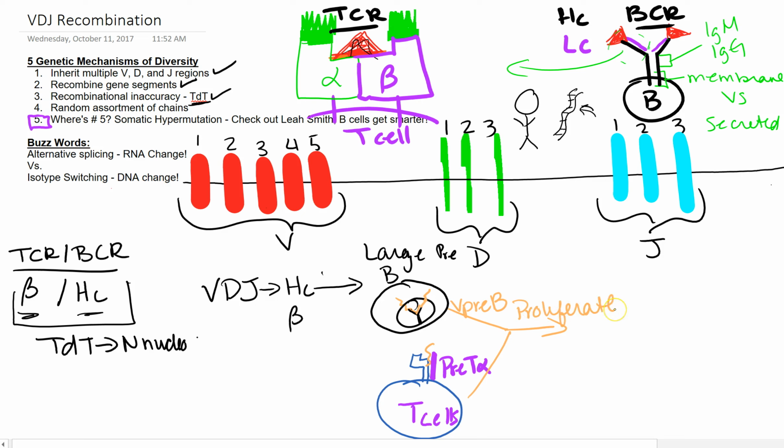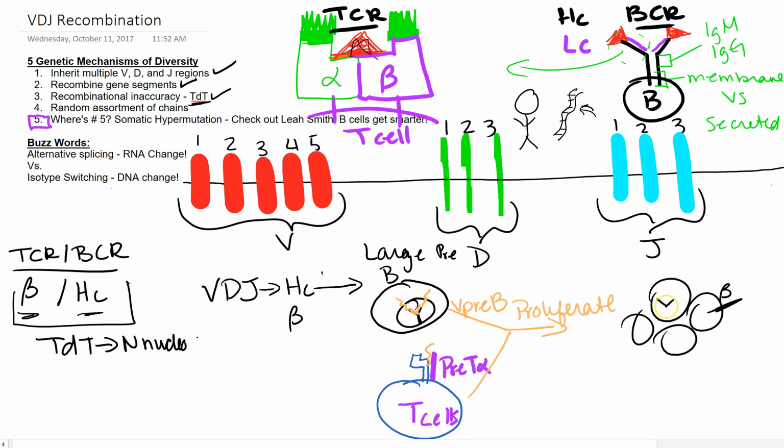So suddenly, we're going to have a whole bunch of cells that all have the same either heavy chain or beta chain on their surface. They're ready to go. Well, actually, in this case, if we're talking about a B cell, it's going to be intracellular. So it'll actually be in here.